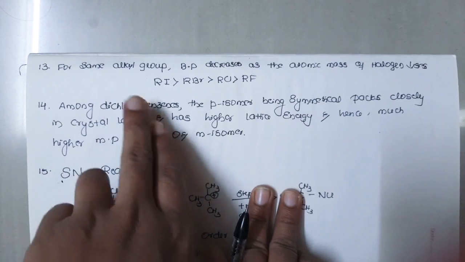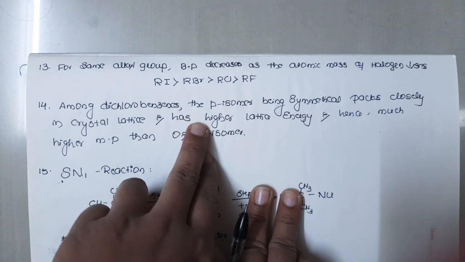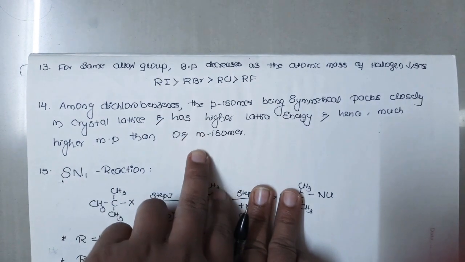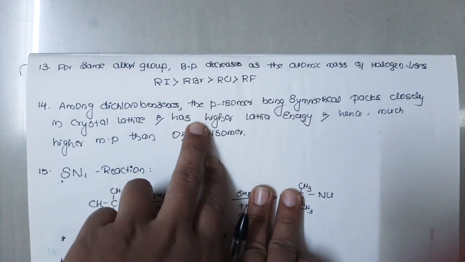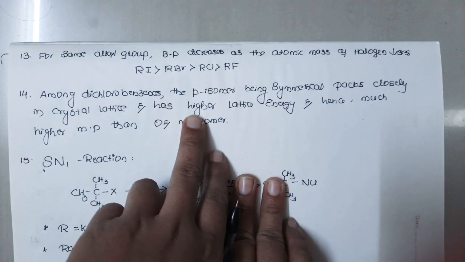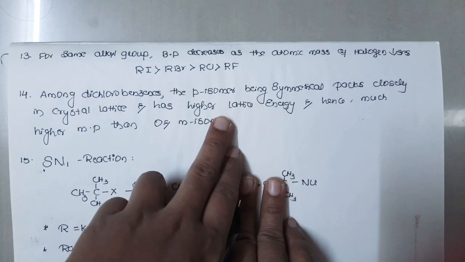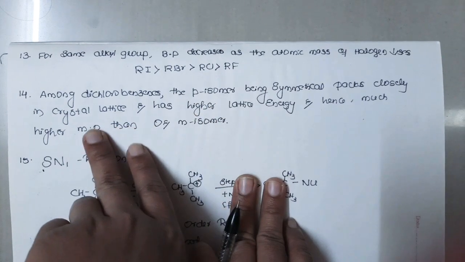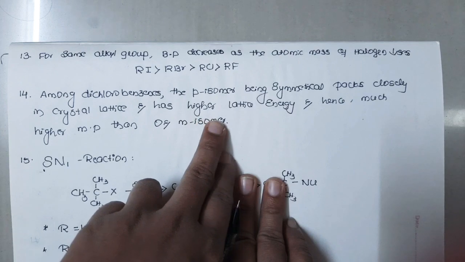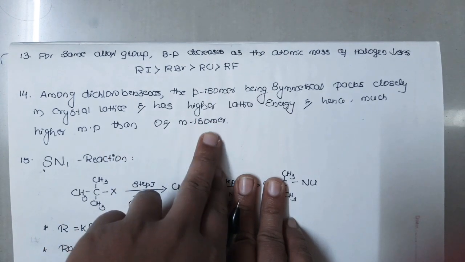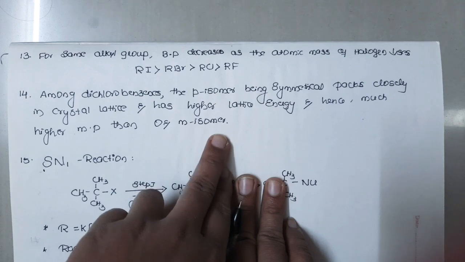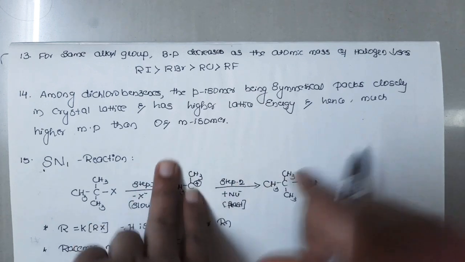Now, among the dichlorobenzenes, I am discussing the haloarenes here. This is very important; you have got questions on this many times. The para isomer, being symmetrical, packs closely in the crystal lattice and has a higher lattice energy, and hence a much higher melting point than the ortho and meta isomers.